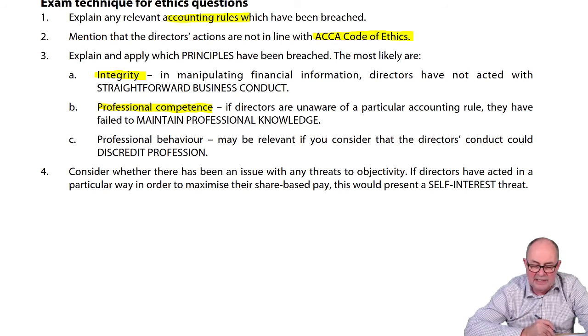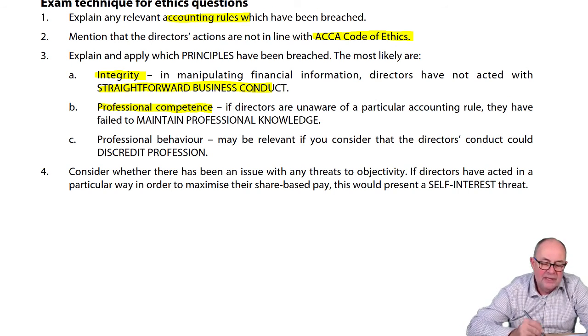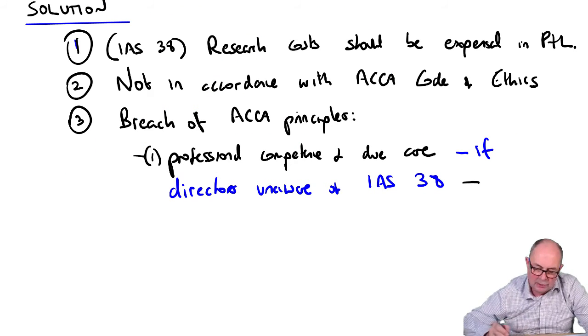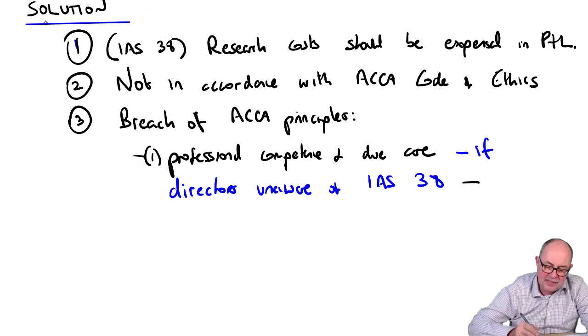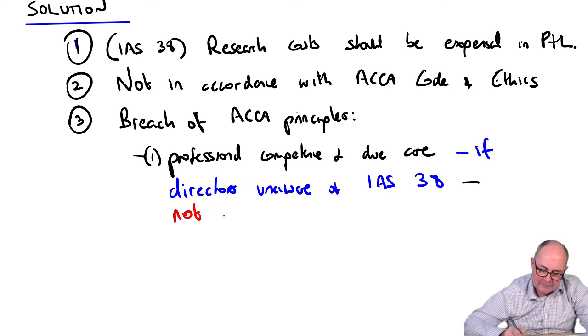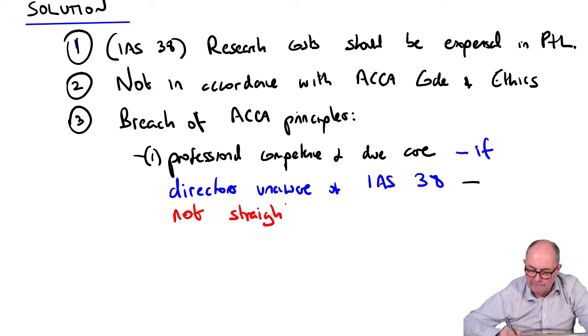So the words I tend to use are the words in capital letters here. So they are not engaging in straightforward business conduct. So I would say that this is not straightforward business conduct.